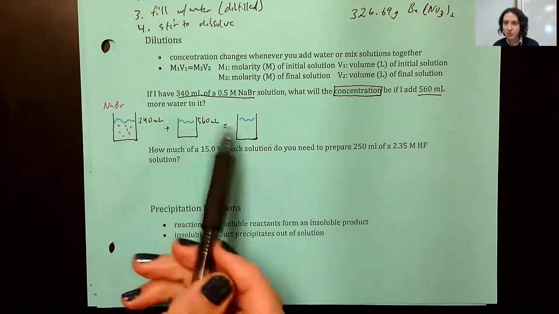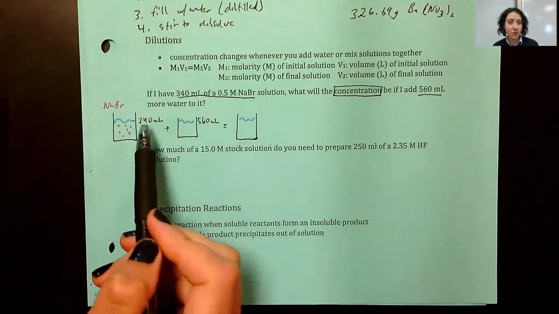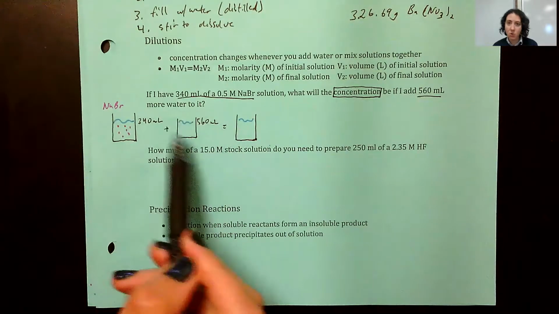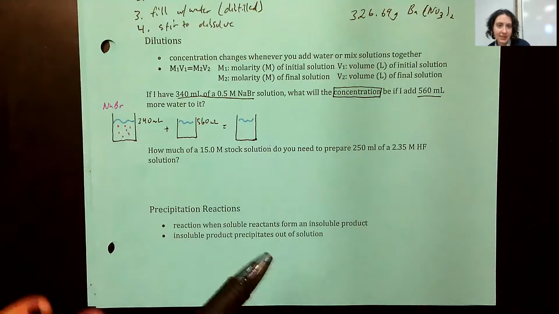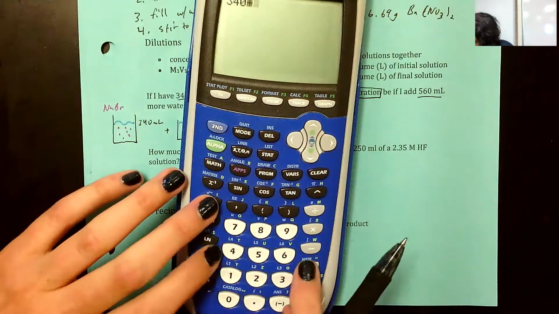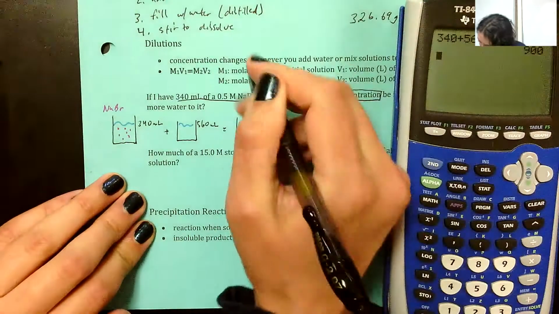We started off with 340 milliliters of the original sodium bromide solution. This is just water, with no sodium bromide in it. So we're going to end up with 340 plus 560, which is 900 milliliters total.